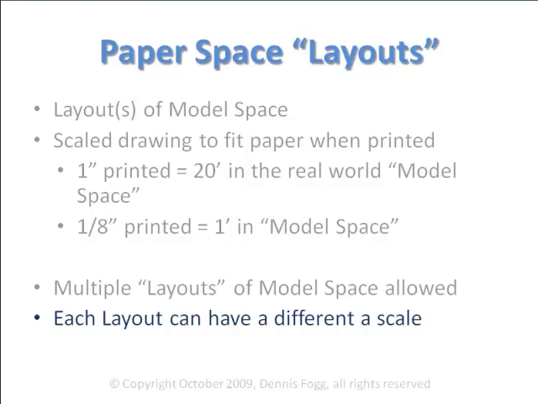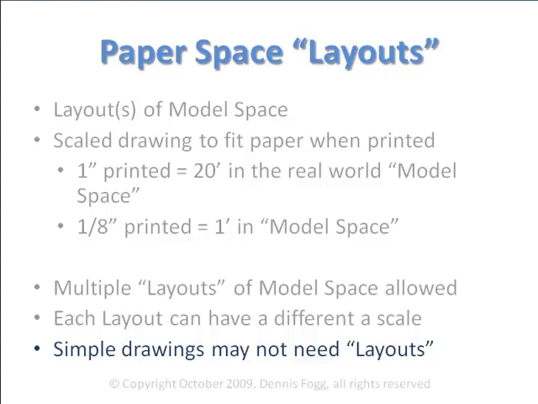As an example, you might want to show the entire subdivision on a single sheet at 1 inch equals 100 feet, and then have just the septic design on another sheet or layout at 1 inch equals 20 feet. You'll find that using paper space is a personal choice, and when your drawing is relatively simple, it may not be needed. There will be more on this subject as we progress.